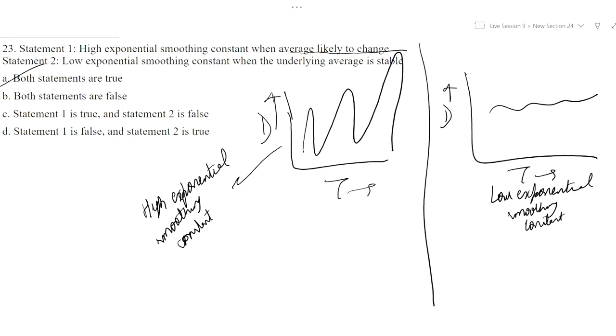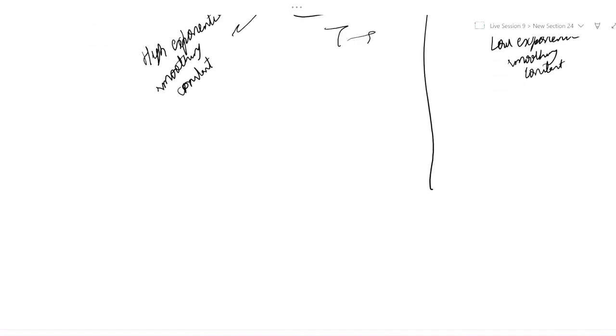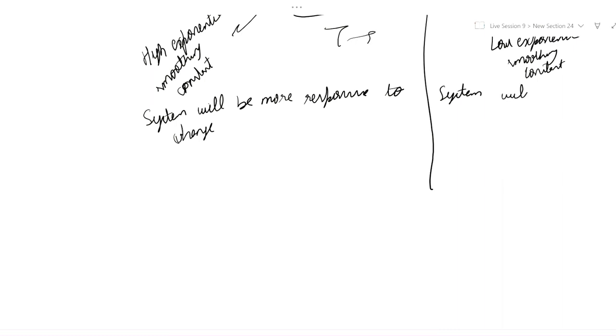So here the system will be more responsive to change. Here the system will be less responsive to change.